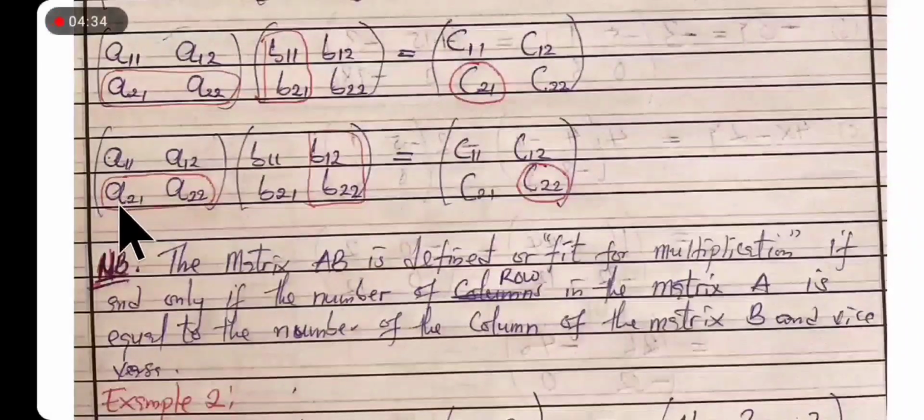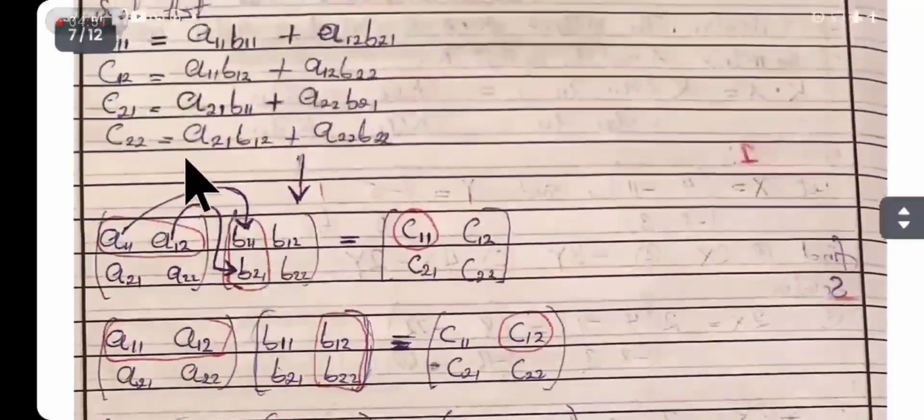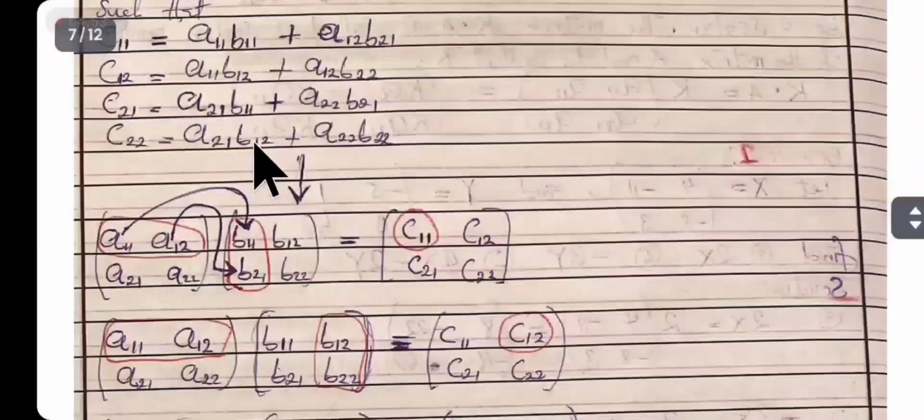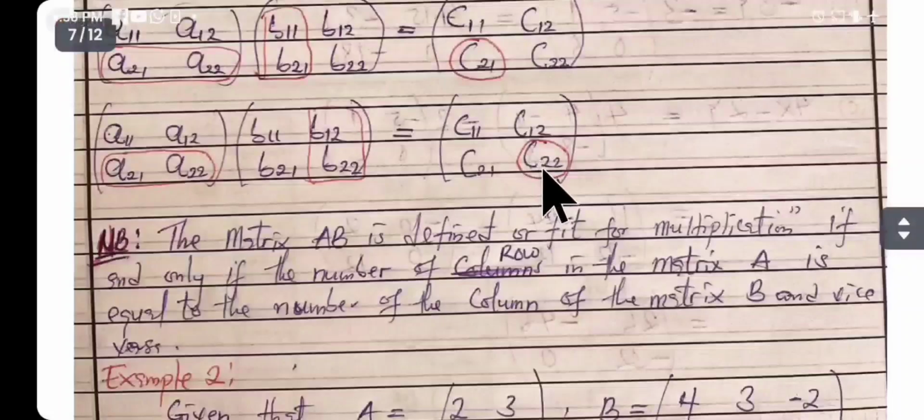So you are going to have A21 times B12 plus A22 times B22 will give you this. If you perform that operation, which is the last one here, A21 times B12 plus A22 times B22 will definitely give you this.